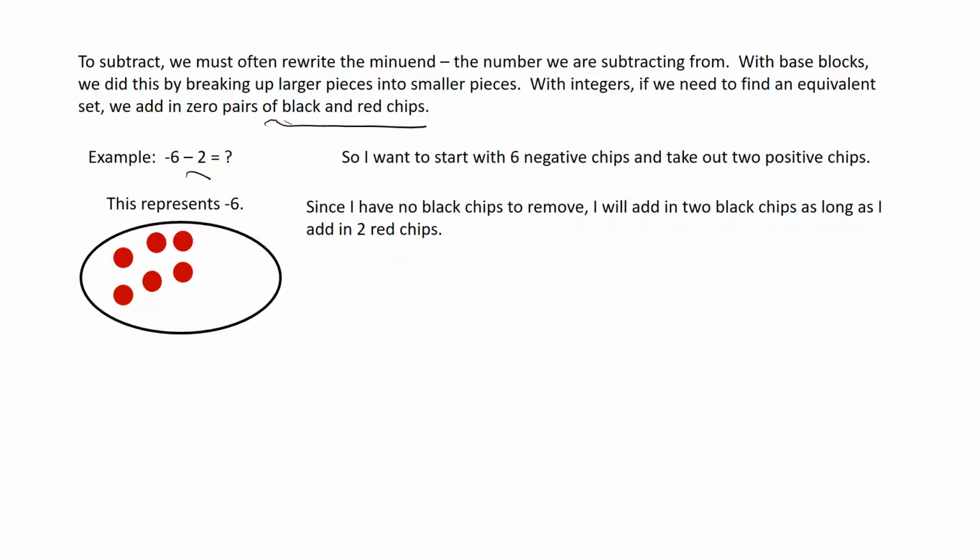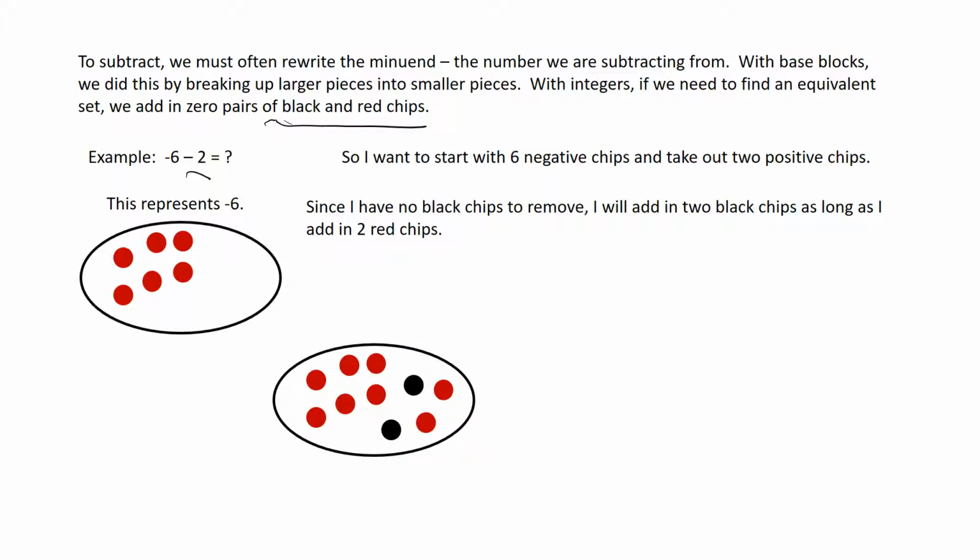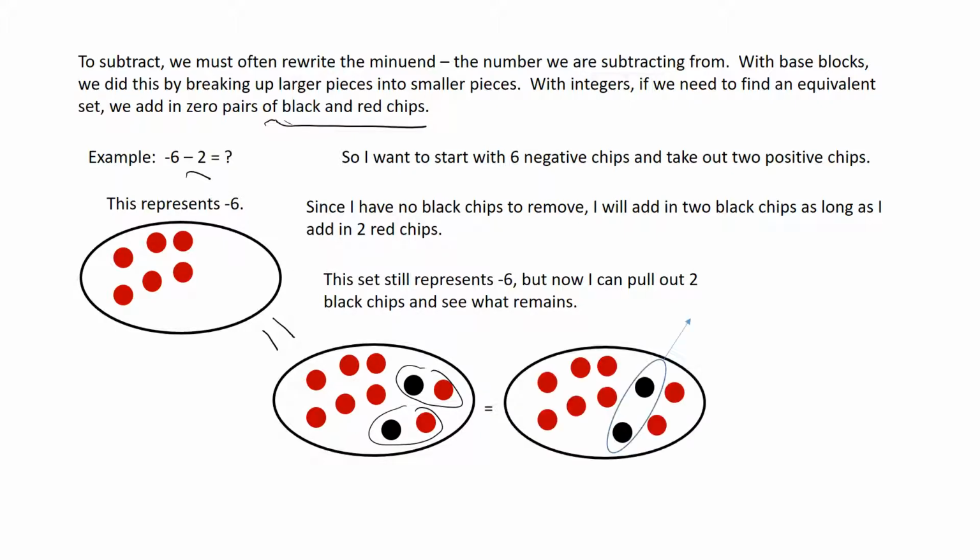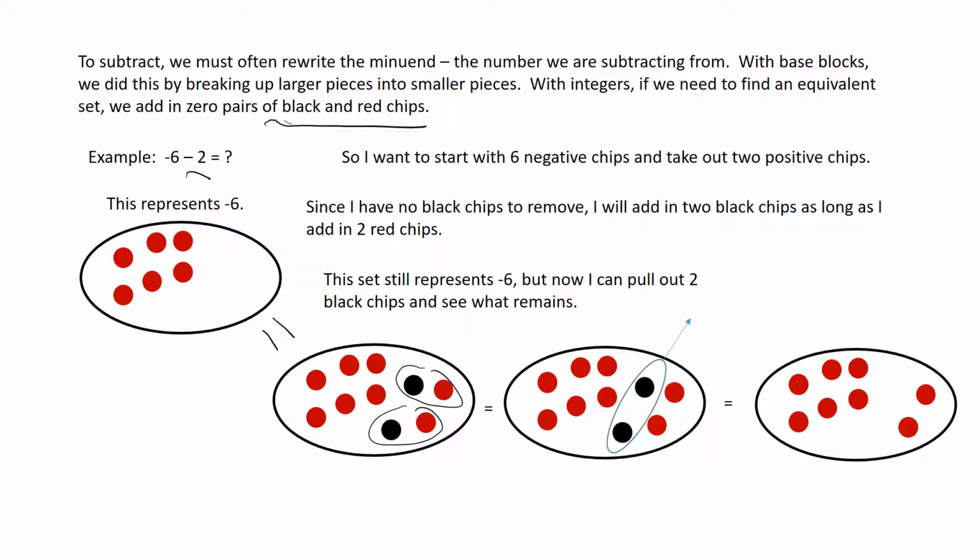So what I can do is add a pair of black and red chips like here and here, add those into this set because I'm just adding 0, so I don't change the value. And now this set is equal to this set, now I can pull out 2 of those black chips, and what I have remaining is 8 red chips, which would be -8.